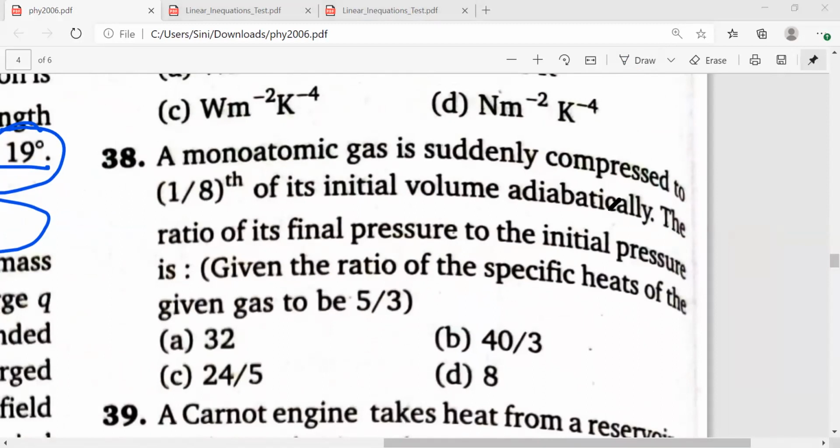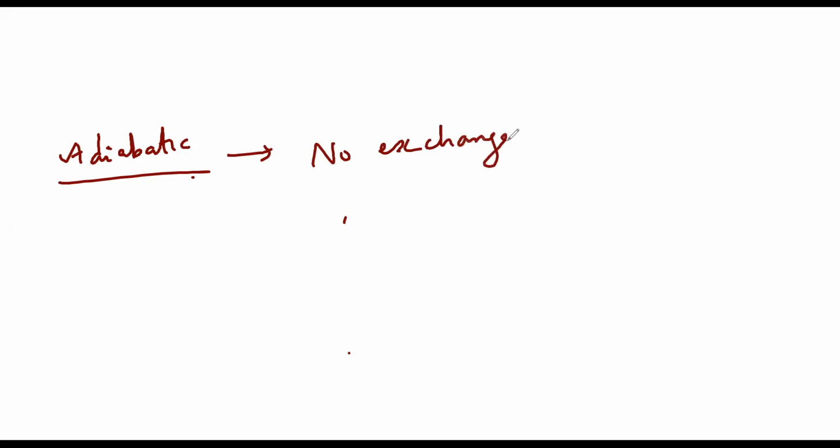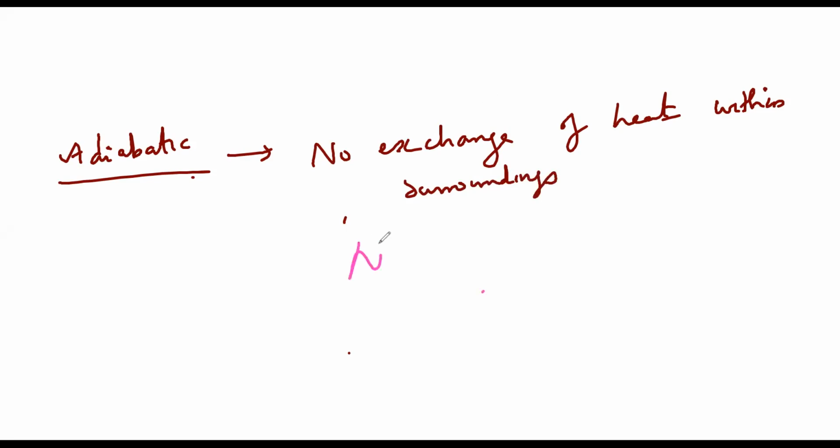So those who don't know what adiabatic is, I'll just write it down here. It might not come directly, but it can come from the options. Adiabatic means there is no exchange of heat with the surroundings, or in simpler terms, no transfer, no gain or loss of heat.